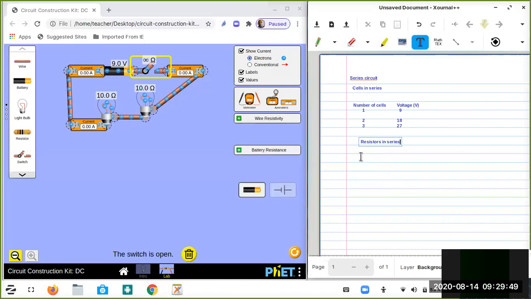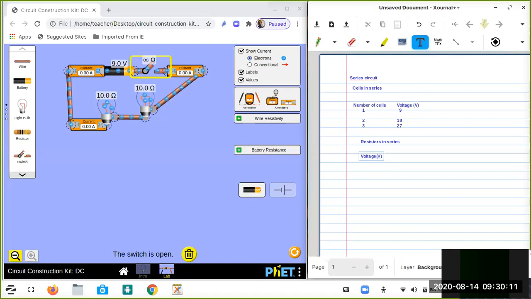We are going to come up with a table of some sort. Just forgive me, my table is not going to have those horizontal lines and columns, right? So my voltage is measured in volts.